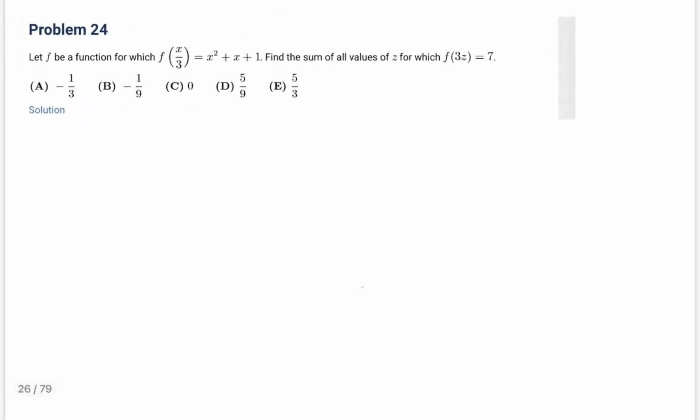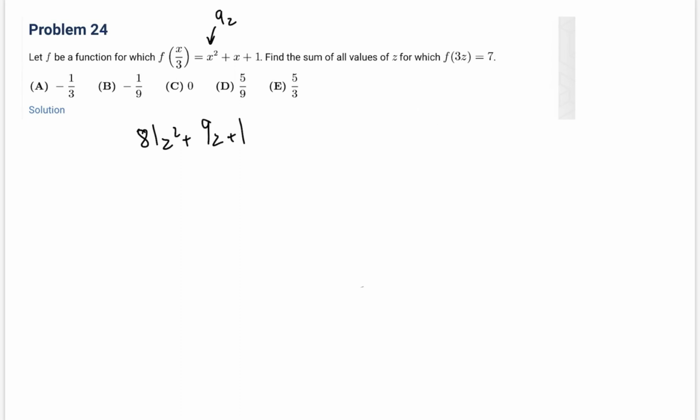Problem number 24. Let f be a function for which f of x over 3 equals x squared plus x plus 1. f of 3z equals 7, so here 3z would have to equal x over 3. X would be 9z. So since x is 9z, if we put 9z into here, it's 81z squared plus 9z plus 1.